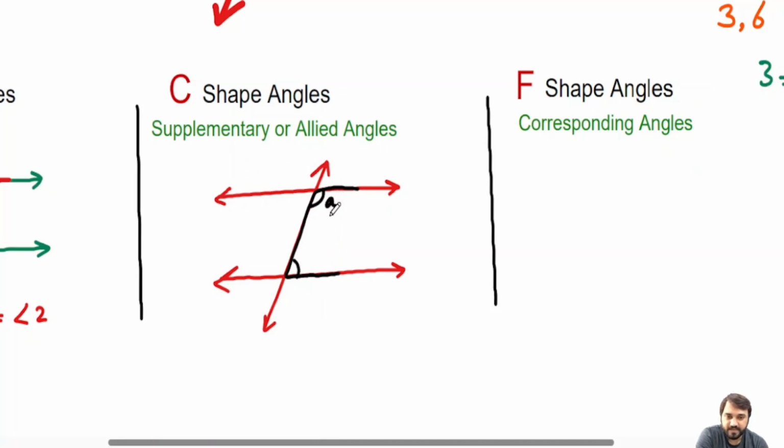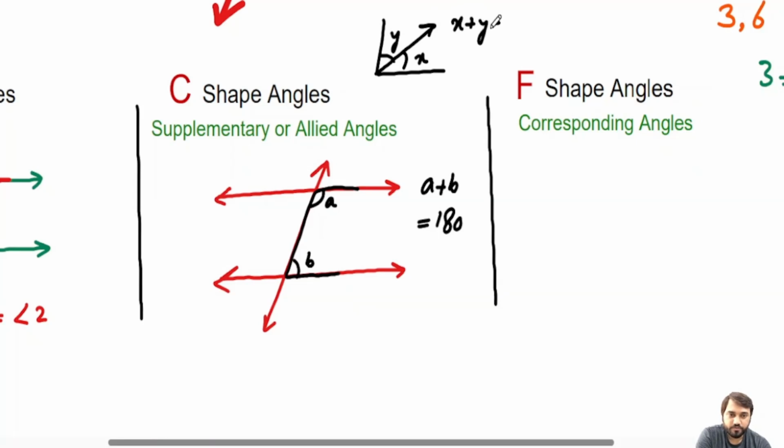It means if this angle is A and this angle is B, we add them, that is equal to 180 degrees. The supplementary angles. Okay, I tell you here the complementary angles. If you have 2 angles and they add up to give 90 degrees, if this is angle X, this is angle Y, and they add to give 90 degrees, these are called complementary angles.